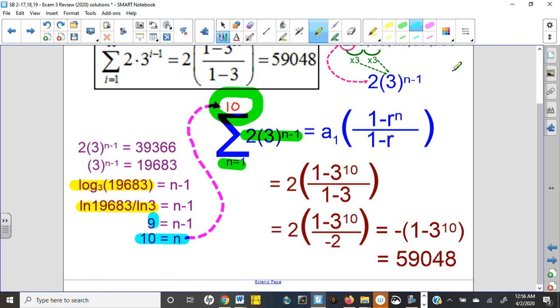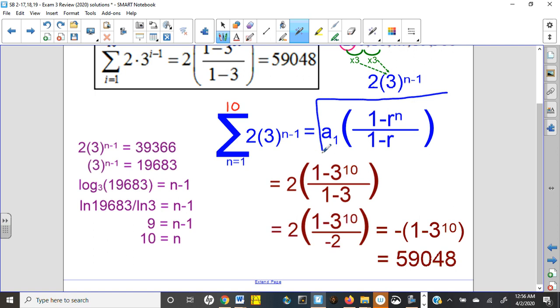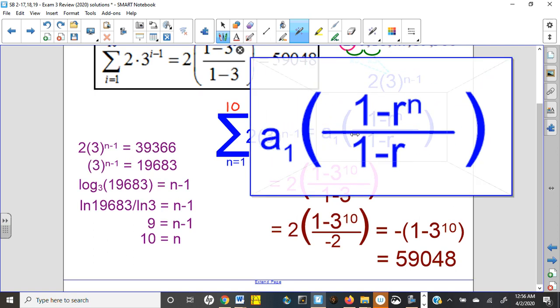Now, this is the first one where we actually have to use our summation statement. So let's talk about that for a second. It is this formula right here. The first term multiplied by 1 minus the common ratio to the nth power divided by just 1 minus the common ratio. It's really just a formula.